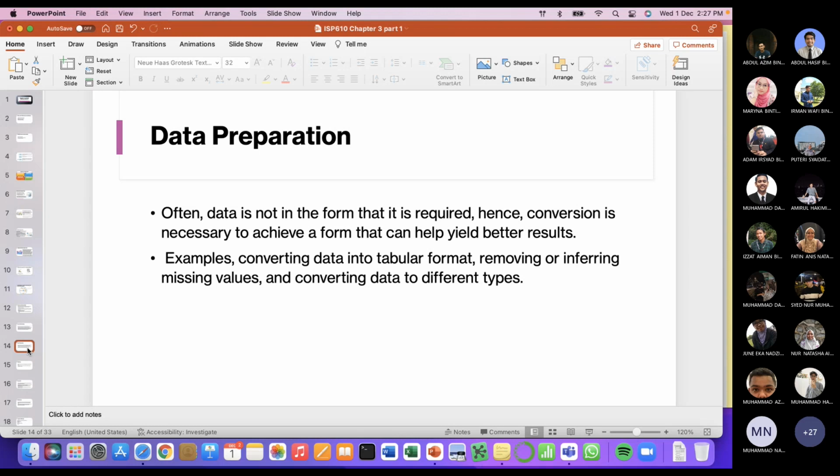Okay, we know that kalau numerical, dia ada sets of pre-processing steps, and for unstructured pun dia ada sets dia. Kan? So sometimes we are not using all the steps, so tengoklah kesesuaian.